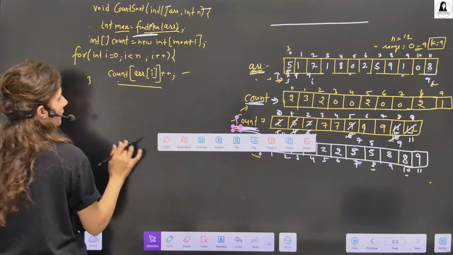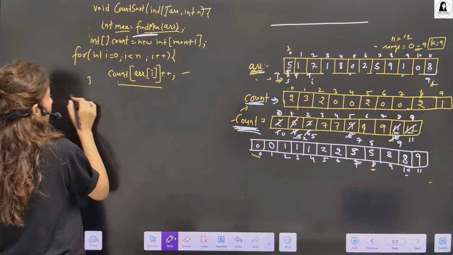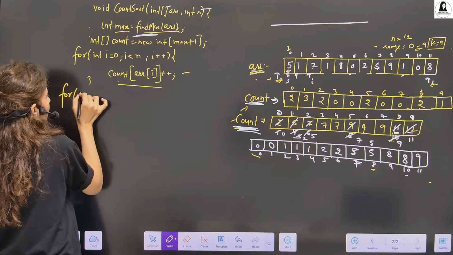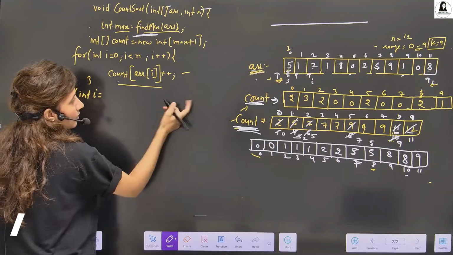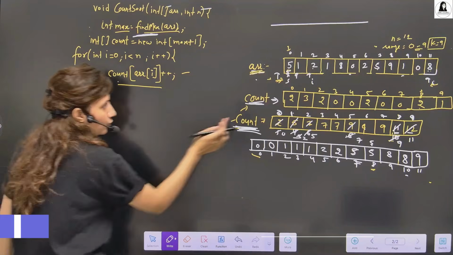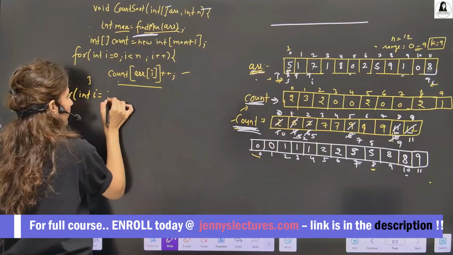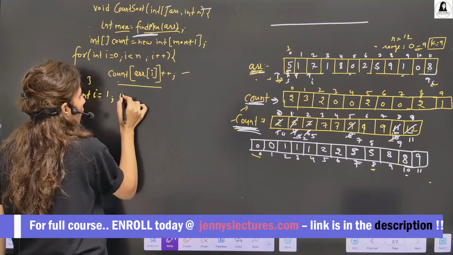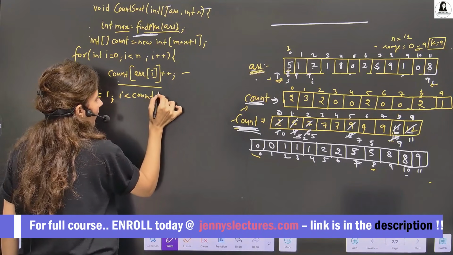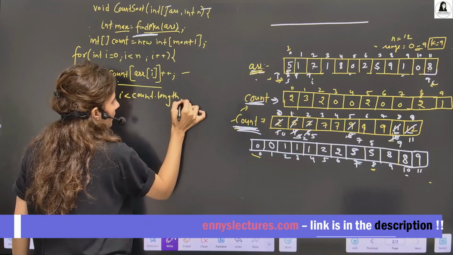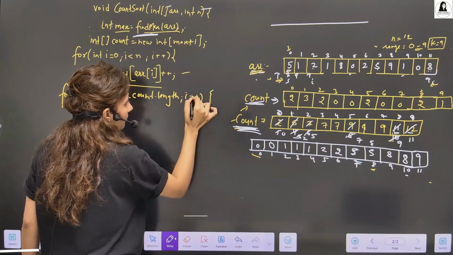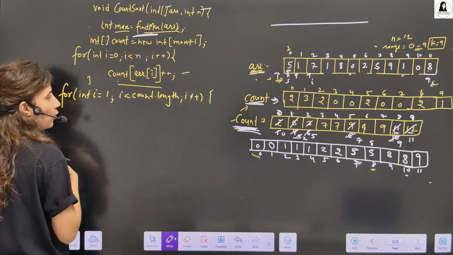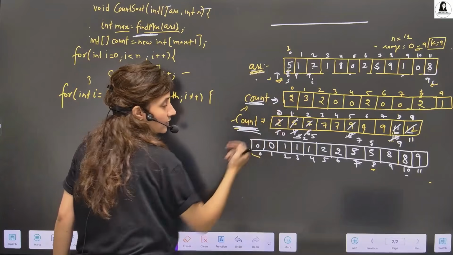Now we update the count array. To update the count array, what do we do? We traverse this count array from 1. From 1 till count.length, and i plus plus. Now what do we do? We add this plus this.